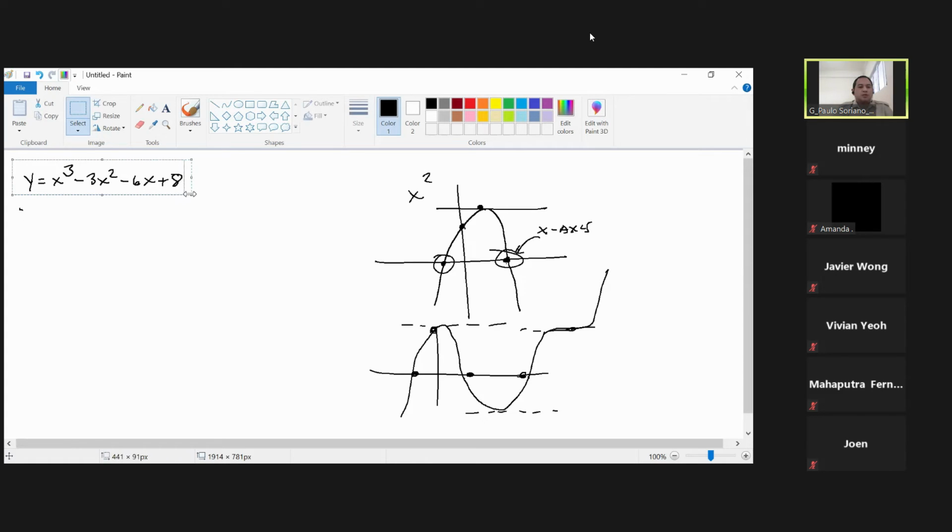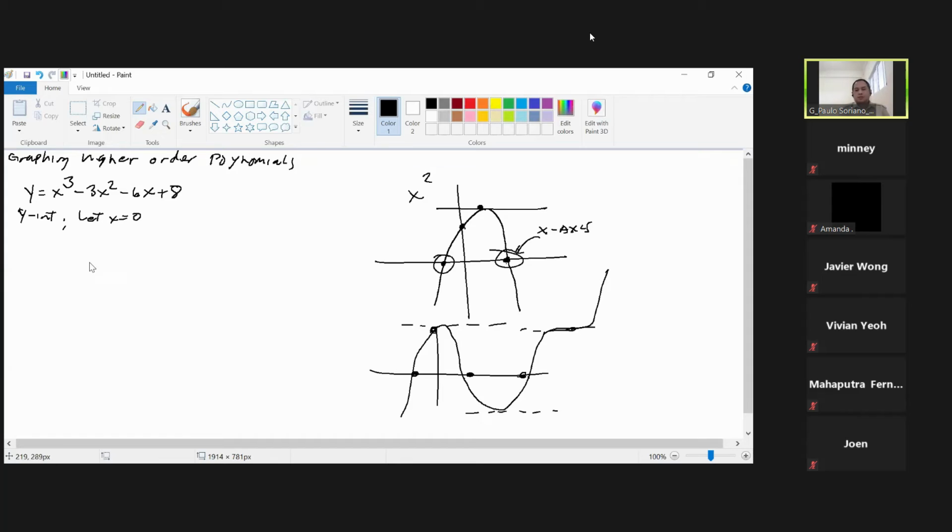Graphing higher order. We have here y equal to x cubed minus 3x squared minus 6x plus 8. Let's start with the easiest one. Y-intercept, let x equal to 0.